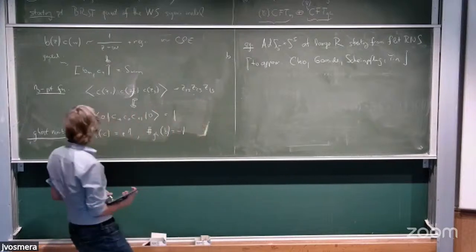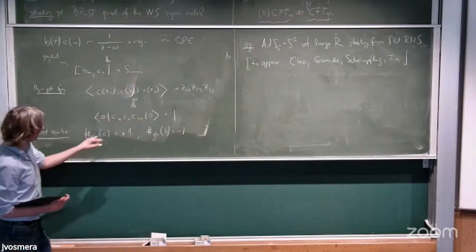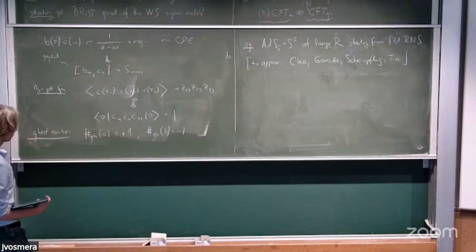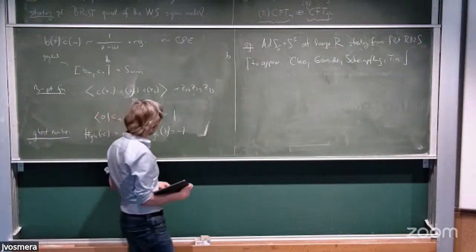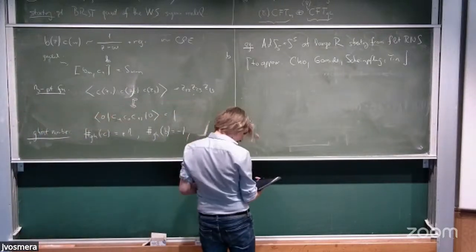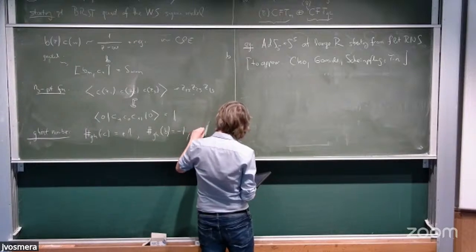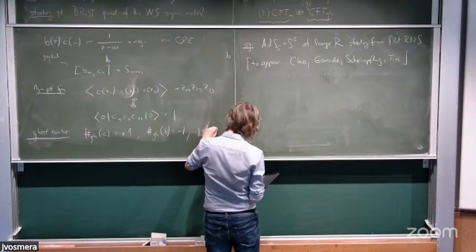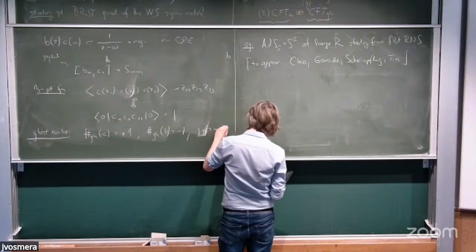So that exactly as I was claiming, when I have 3 C ghosts, I have ghost number +3. And the associated conserved current, you can quickly verify, is just minus BC normal ordered.